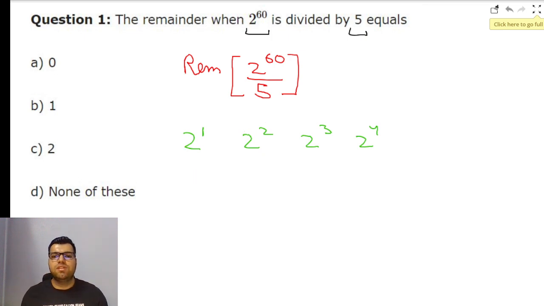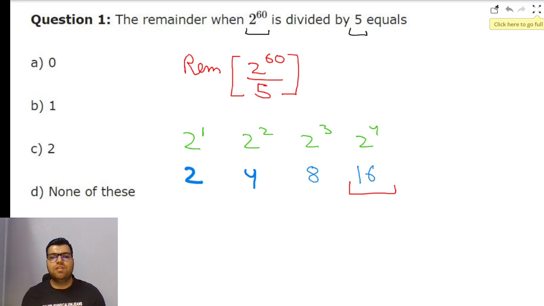So here if you see, this is 2, this is 4, this is 8, and this is 16. So 16 over here is clearly what we are looking for because 16 gives a remainder of 1 with 5. It gives a remainder of 1 with 5.